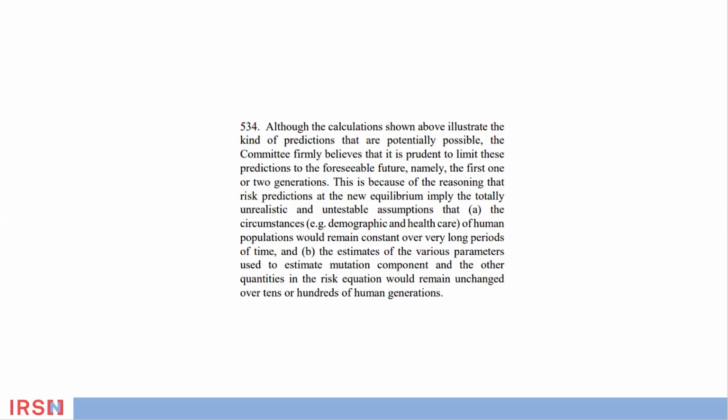Just one reflection with regard to this statement from ICRP. If we check the footnote, paragraph A, it says there is a choice to go only to 2 generations because we want to avoid having to consider the evolution of demographics and healthcare of human populations.